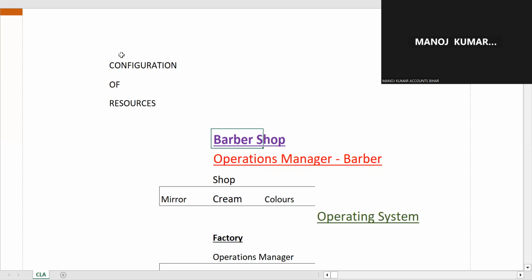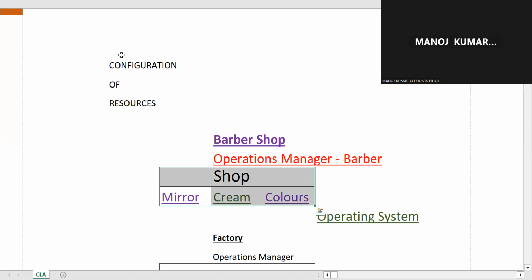For a barber shop, what is the operating system? His shop, and inside the shop there will be certain things which he uses, like a mirror, cream, some hair colors and all. All these things and the shop, these things inside the shop.